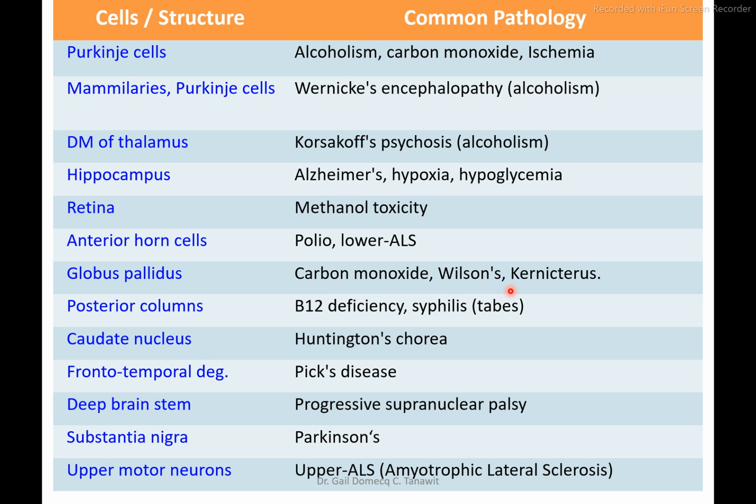Frontotemporal degeneration: Pick's disease. Deep brain stem: progressive supranuclear palsy. Substantia nigra: if the lesion is localized in the substantia nigra, wala ka na ibang iisipin, more or less it's Parkinson's disease, with loss of the pigments in the substantia nigra. Upper motor neuron, and of course, in the ALS.